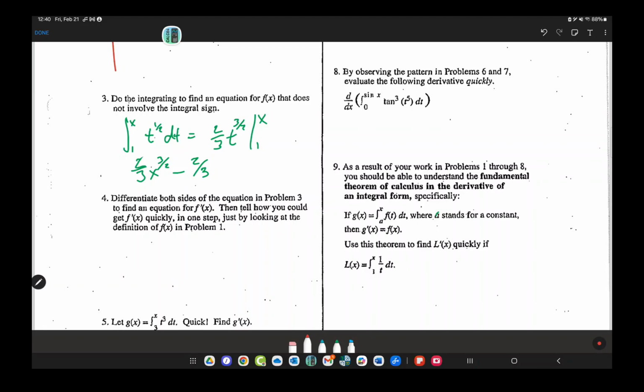Now, the idea here is we're slowly progressing to the second part of the fundamental theorem of calculus, which is if we differentiate this.